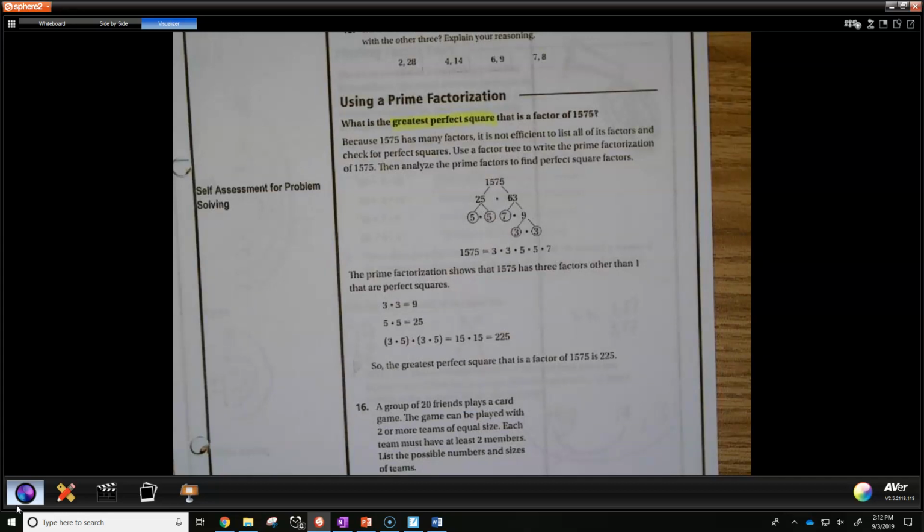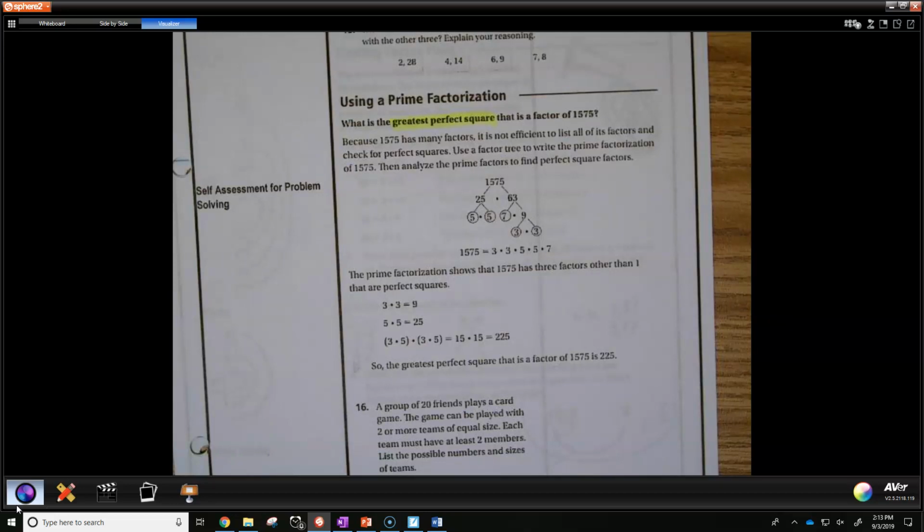Remember, a perfect square was a number that was made by two numbers times themselves. So like 4 is a perfect square because it was 2 times 2. 9 is a perfect square because of 3 times 3. 16 is 4 times 4.